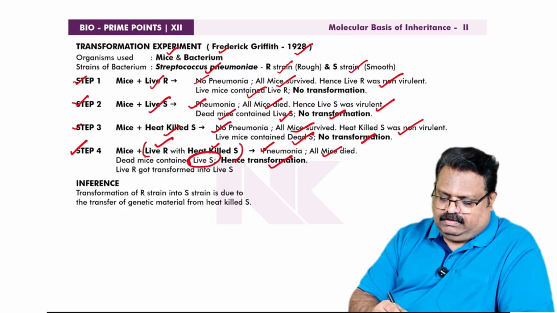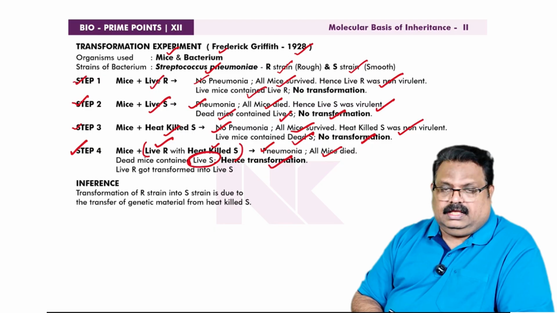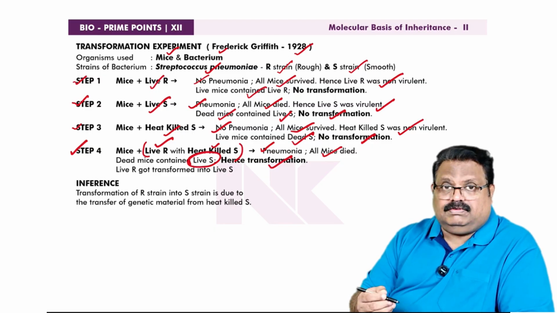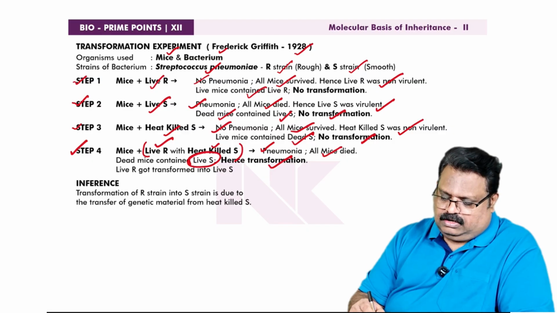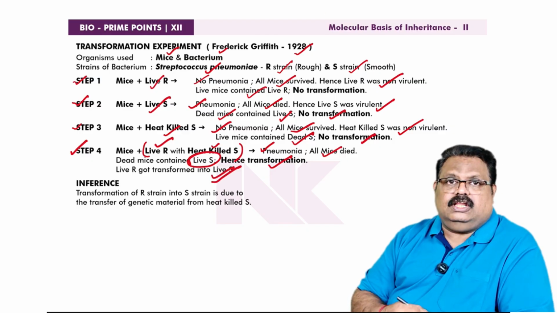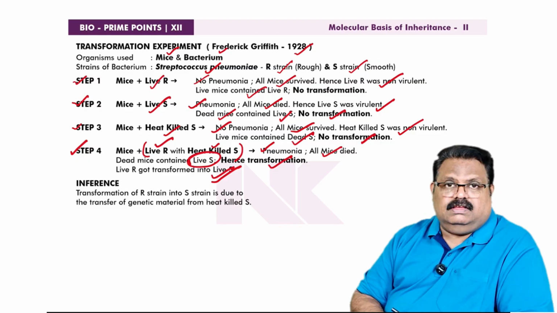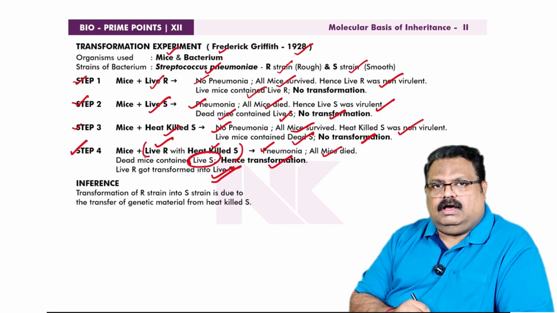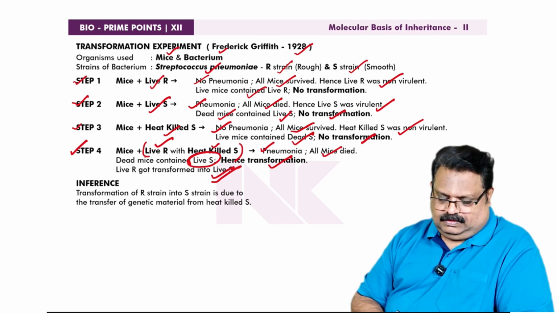He injected only live R and heat killed S, but here, due to the influence of heat killed S, something from the heat killed S transformed the live R into live S. Live R is a non-virulent variety, live S is a virulent variety. So there is a transformation of non-virulent live R into virulent live S.